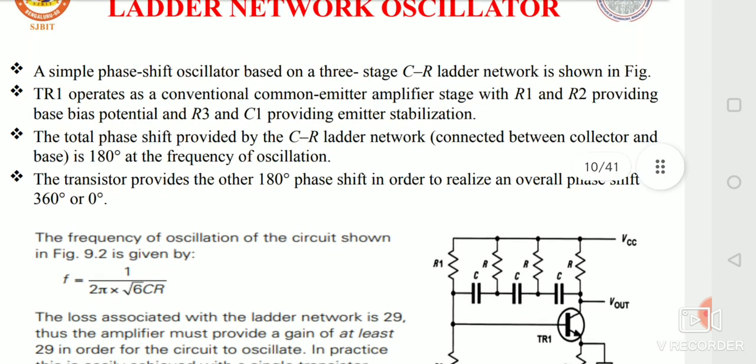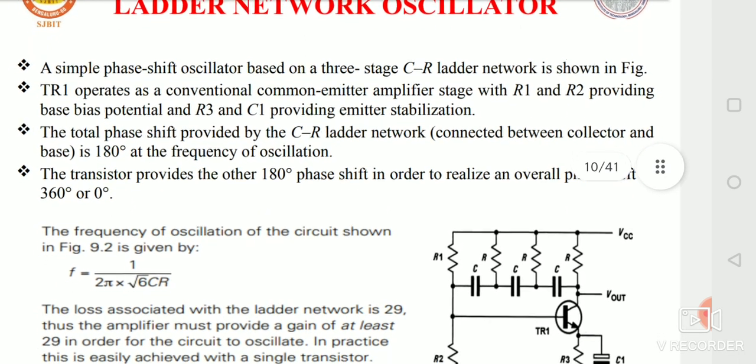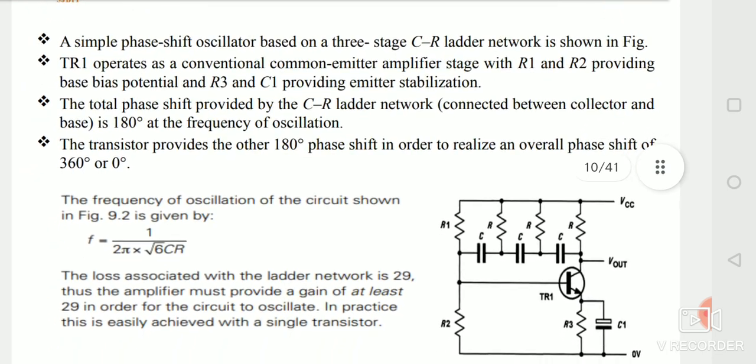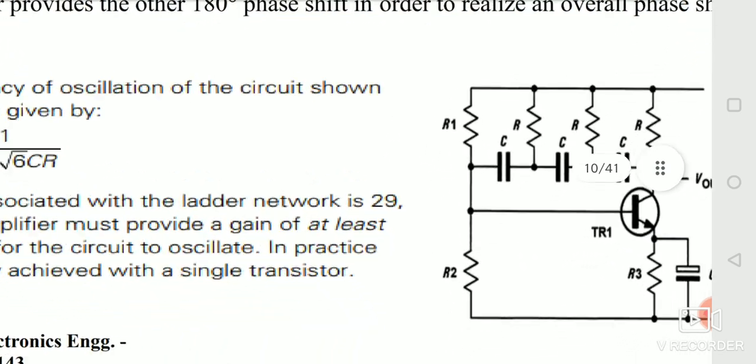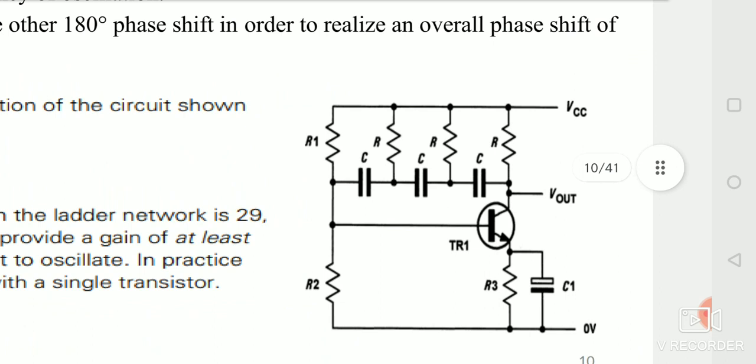So we know that an oscillator consists of an amplifier. So you can see here in the circuit that the BJT is used as an amplifier, and also a feedback circuit consists of an RC ladder type network.